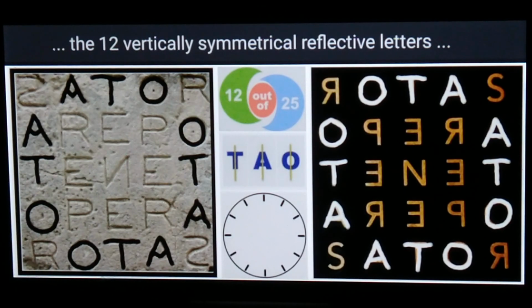Look at the bottom right. The R is facing backwards. You see this pattern fits. It's almost like the exact mirror image. And the only letters that are vertically symmetrical reflective letters are the 12 in a circle formation. It reminds me of a clock, and it's perfect. The movie Tenet is about time inversion. This square has a lot to teach us here. And there's 25 letters in total.